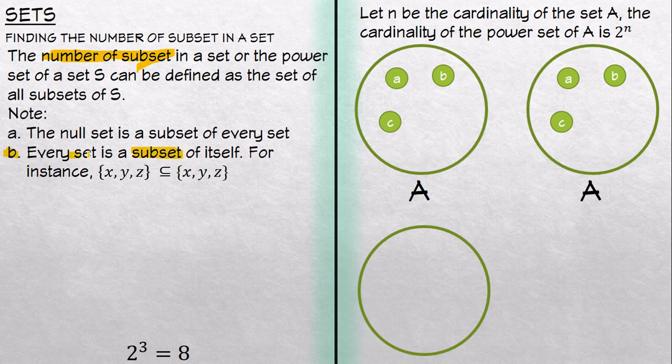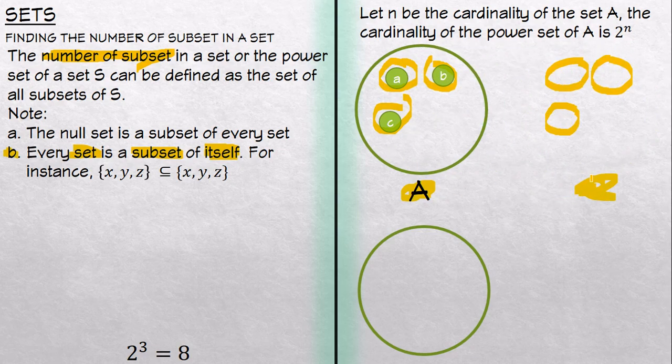Remember the first definition of subset that I gave in the previous slide said that if all the elements in this set over here are also contained in this set over here, then this set will be a subset of that set.